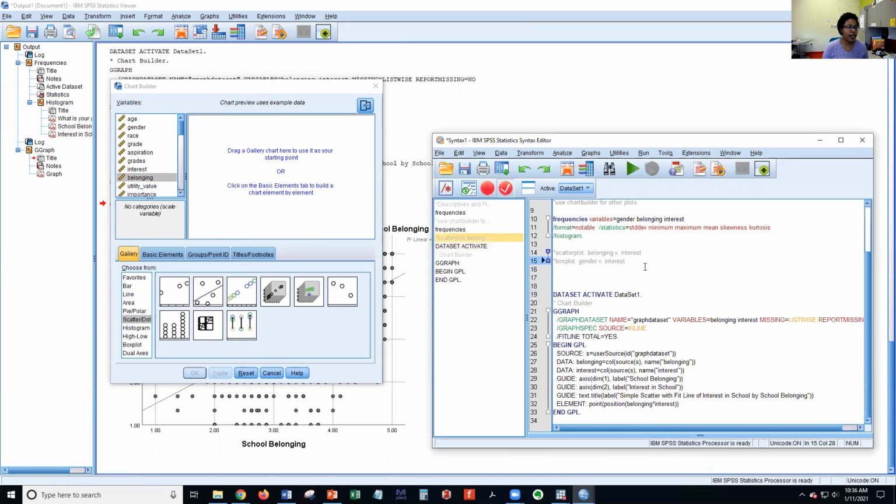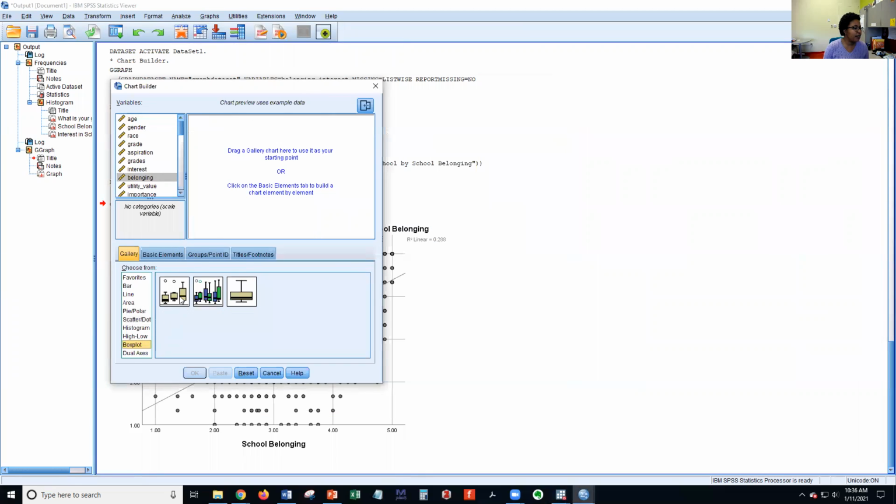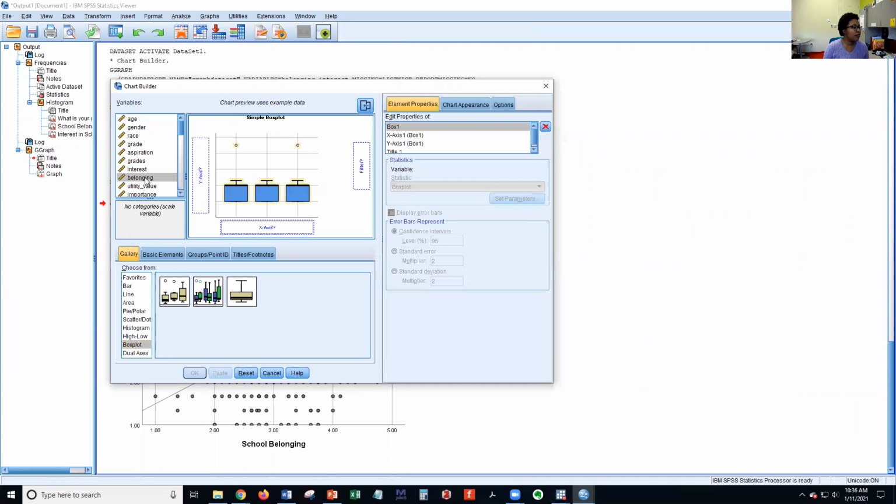And now we're interested in our box plot of gender versus interest. So box plot is right here in SPSS. Interest is on the y-axis, and gender is on the x-axis.